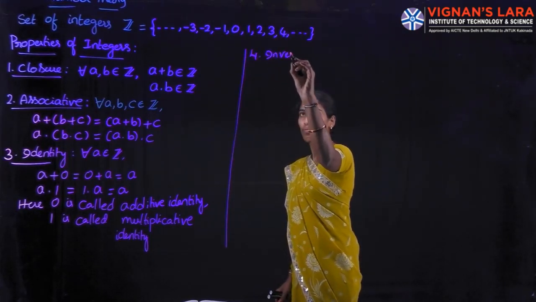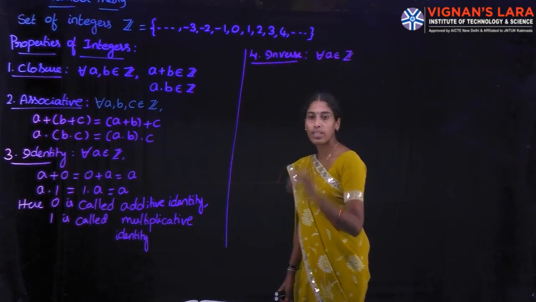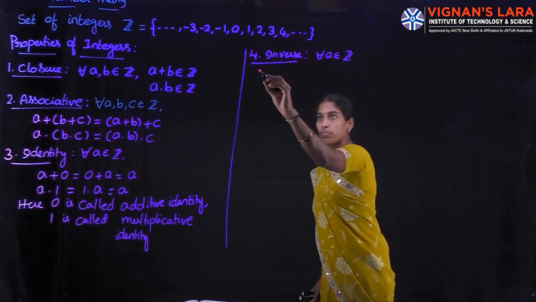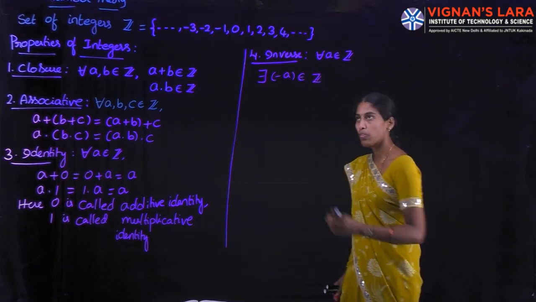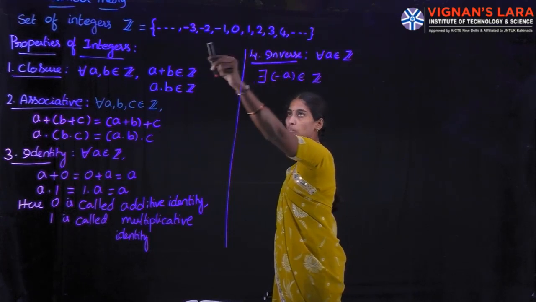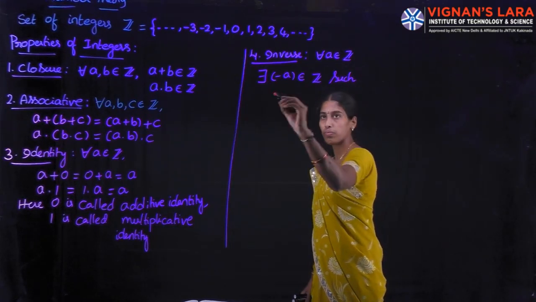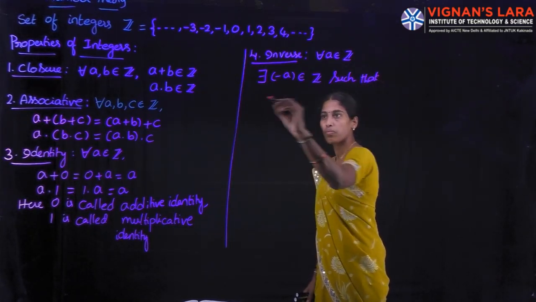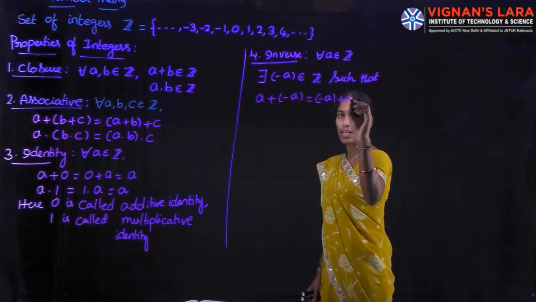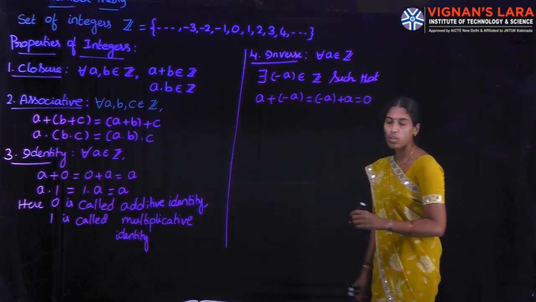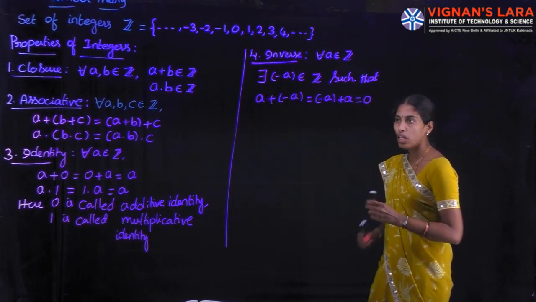Fourth one is inverse. For any a belonging to the set of integers, there exists minus a also belonging to Z. If we observe here, if 2 is an integer, minus 2 is also an integer, such that a plus minus a equals minus a plus a equals 0. This is the same as the existence of the inverse property in a group.